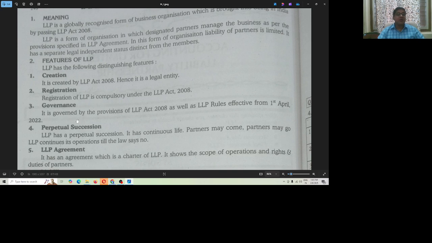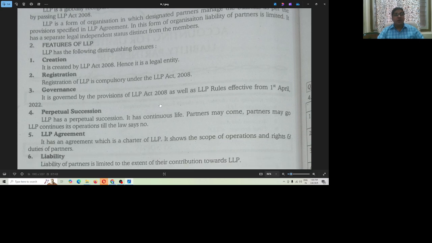Governance: it is governed by the provisions of the LLP Act 2008 as well as the LLP rules effective from 1st July 2022. It means it is run as per the Act 2008 and the LLP rules.